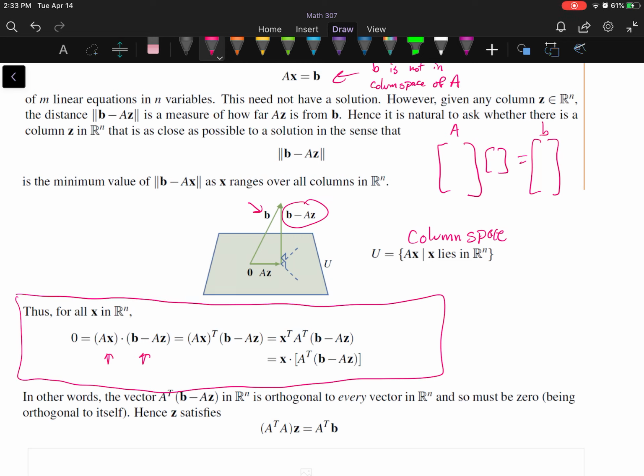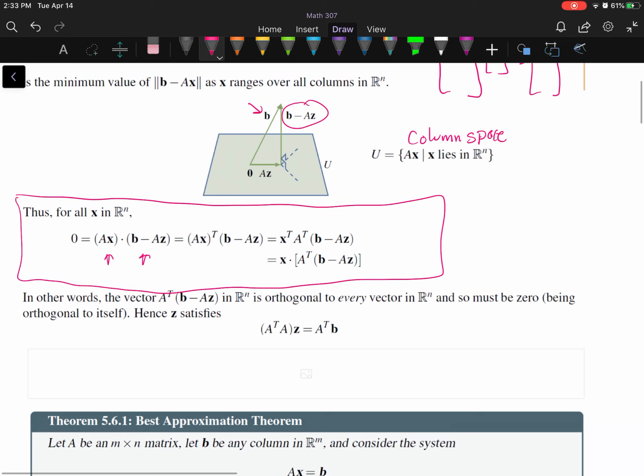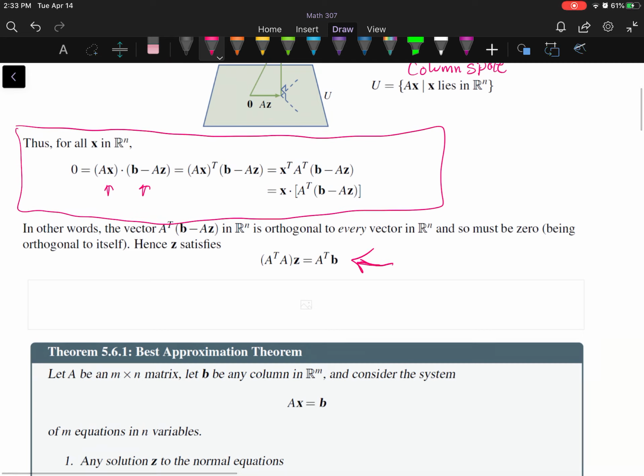And this dot product here is equivalent to this system of equations called the normal equations. For some reason, this picture is not loading. Let me see what that says.